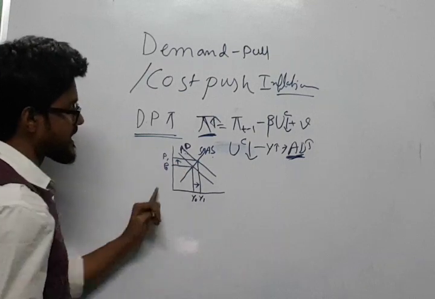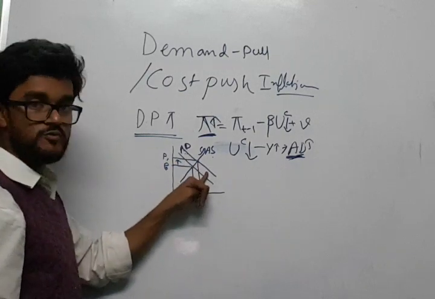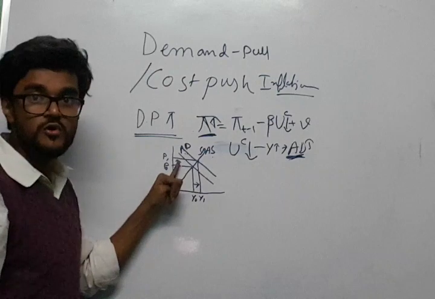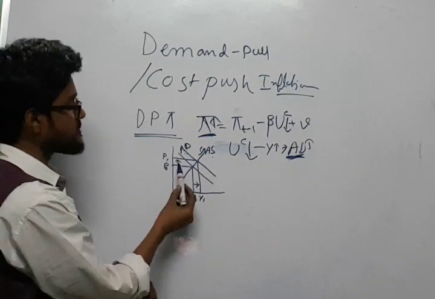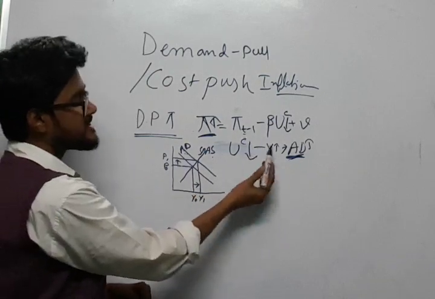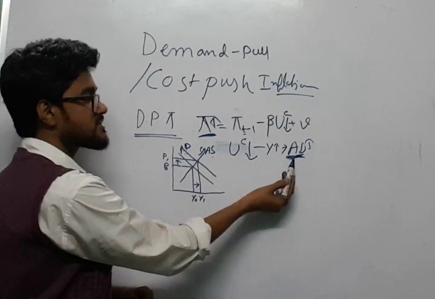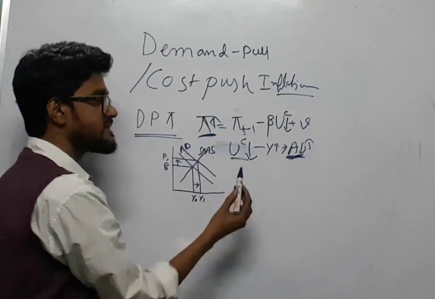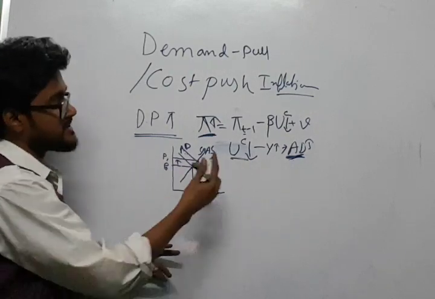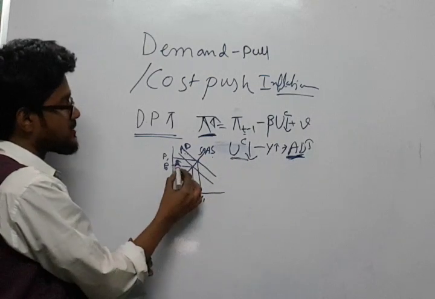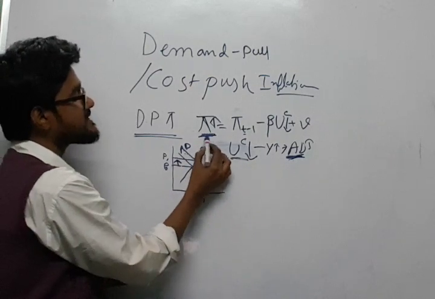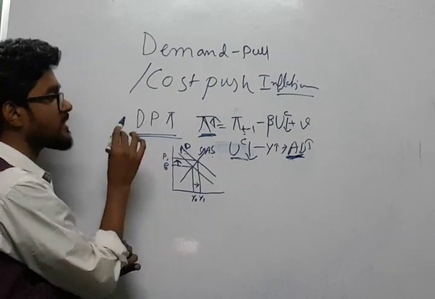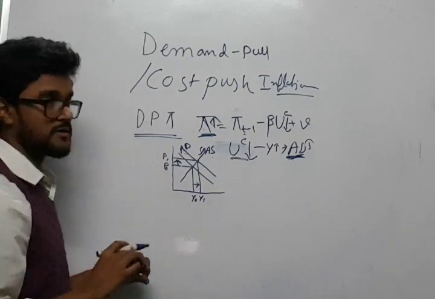As you can see, as the aggregate demand curve shifted rightward, the price level has also increased. So an increase in aggregate demand, caused by a decrease in cyclical unemployment, leads to increased inflation. This is known as demand pull inflation.